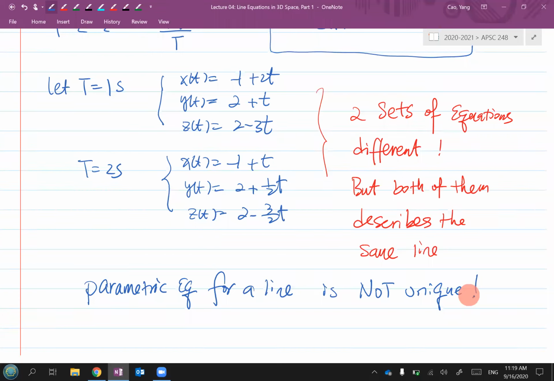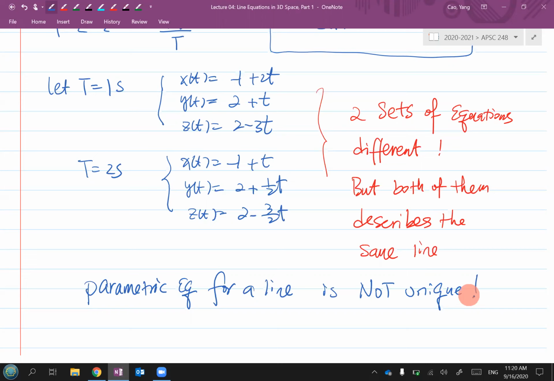Physically, it means you're describing different motions of a moving particle on the line. So always remember, the parametric equation of a line is not going to be unique. It will sometimes differ from person to person, depending on how you formulate the problem.